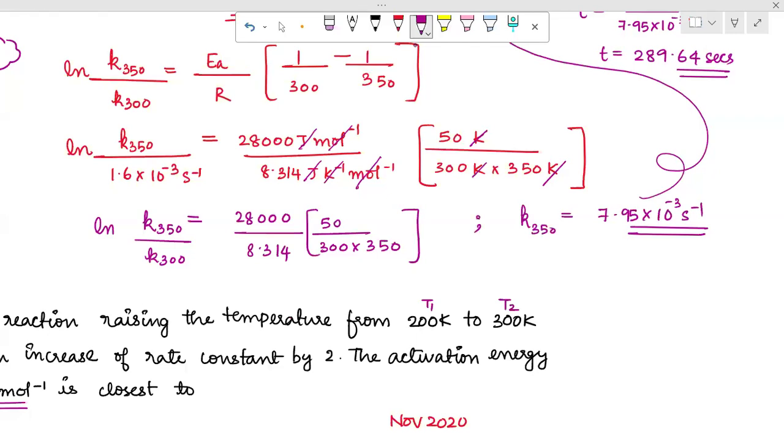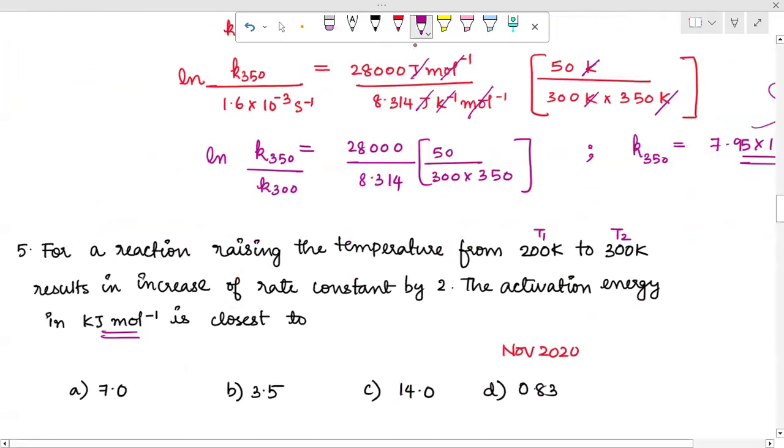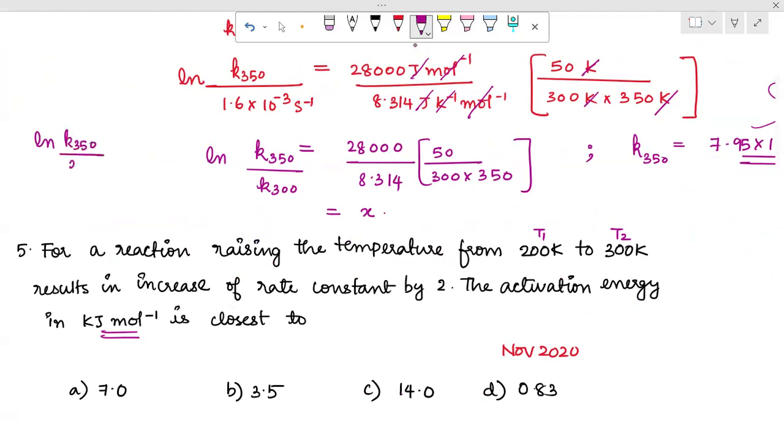I hope you understood. Let's say that you got ln of K350 by K300 as x. Then K350 by K300 is actually e to the power x, and that e to the power x, you will have to multiply with K300 in order to get K350. So be careful with that.